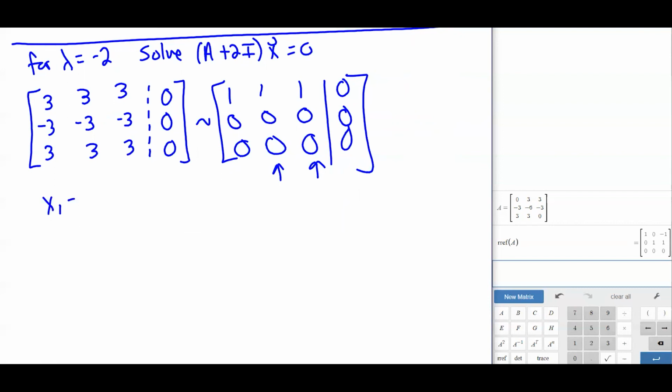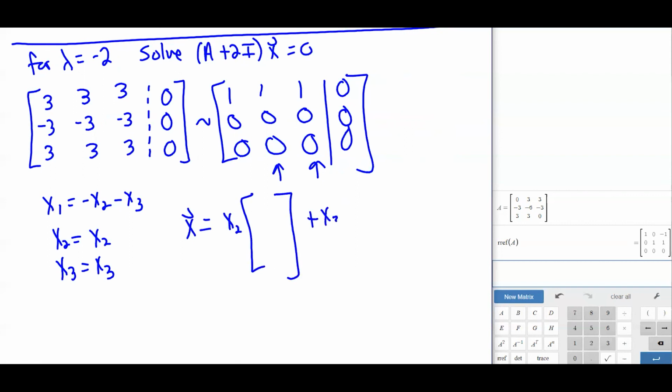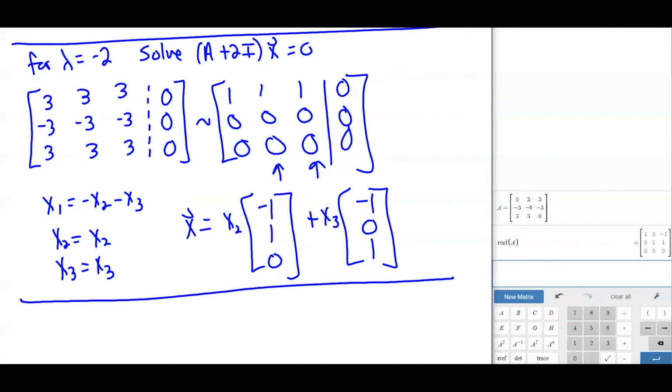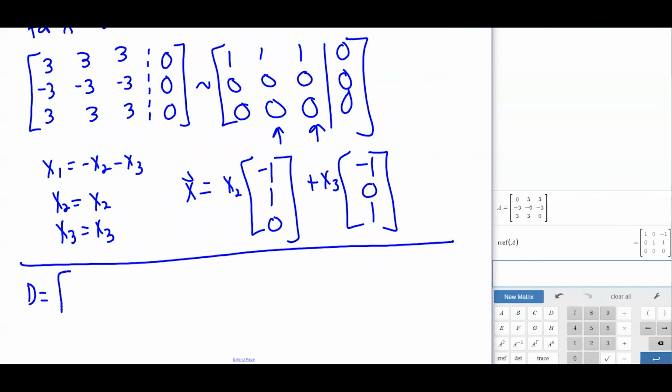All right, so x1 equals -x2 minus x3. x2 is free and x3 is free. So let's just do parametric vector form, and I'll just use these 2 vectors that I get. So here I get -1, 1, 0, and this one is -1, 0, 1. So I'll use these 2 vectors for my matrix P. All right, so I need to decide D first. So one eigenvalue was 1 and the other one was -2.